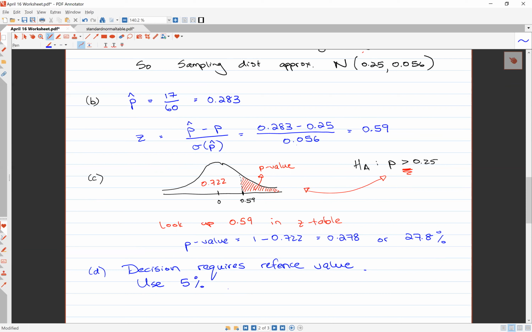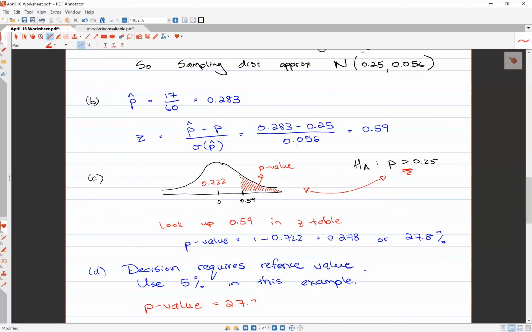We're going to use 5% in this example. What the 5% represents is we're saying anything that has a 5% chance or less of happening is too unlikely to just be attributable to chance. So if our p-value is less than 5%, we reject the null hypothesis. If our p-value is larger than 5%, we do not reject the null hypothesis.